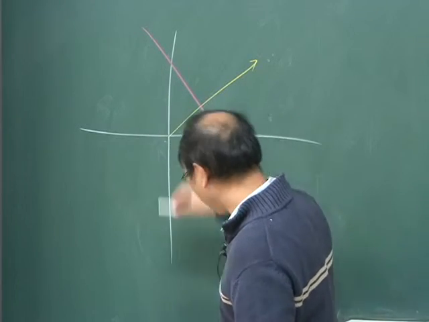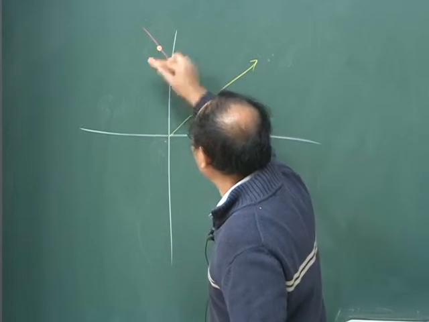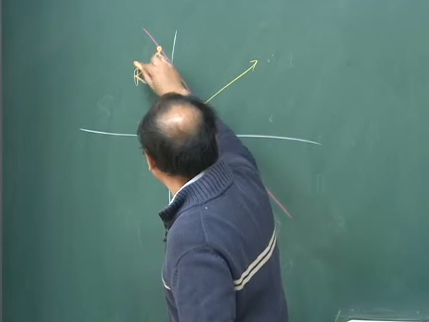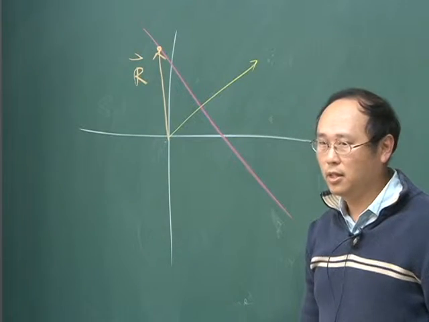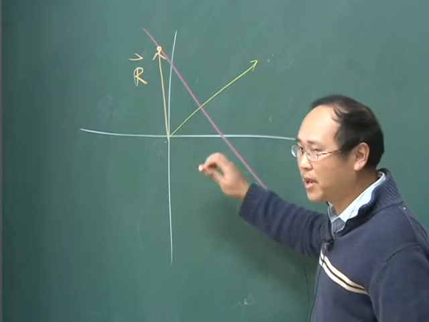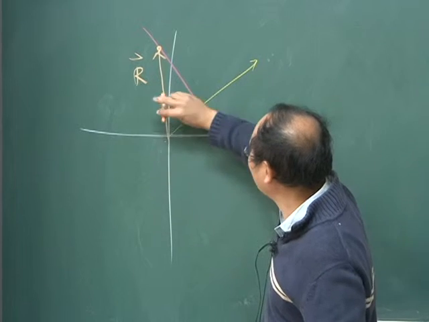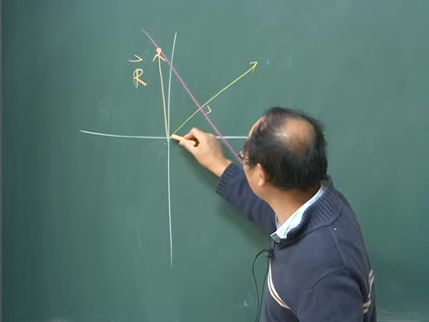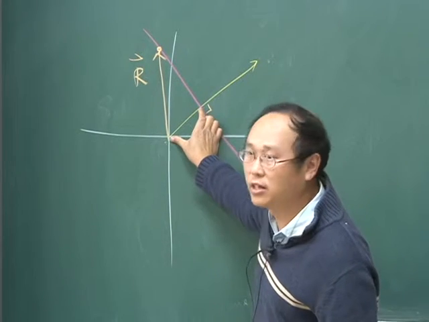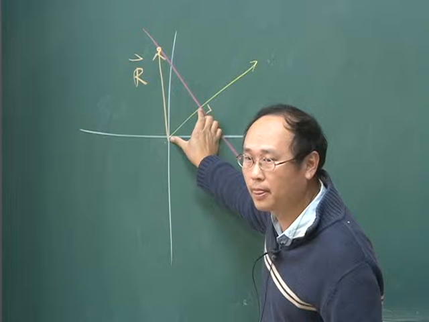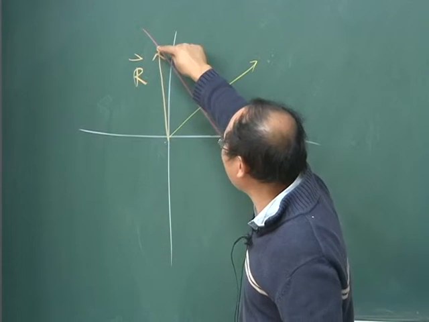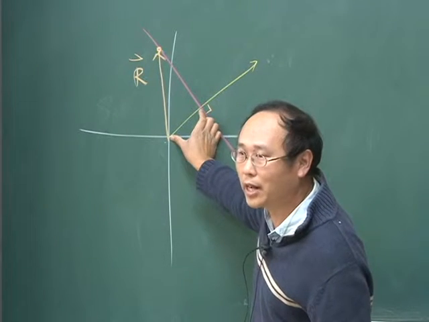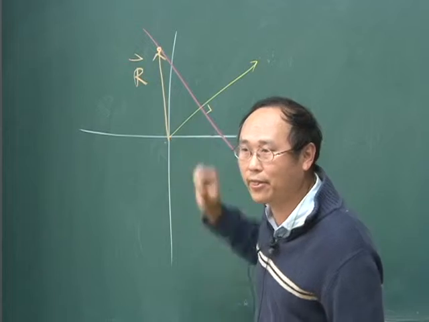And if you look at an arbitrary point on this plane, and label it with R, then you end up having a projection of this R onto the surface normal direction, and you have a constant length right here. This length is constant. For a plane, if you project any point on this plane onto the surface normal direction, then you have a constant length.